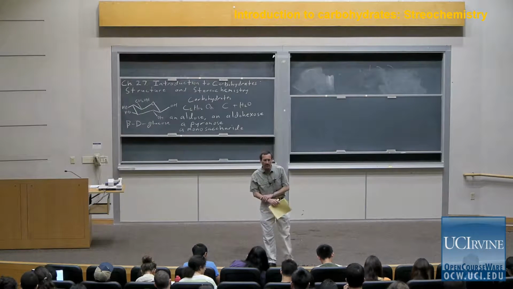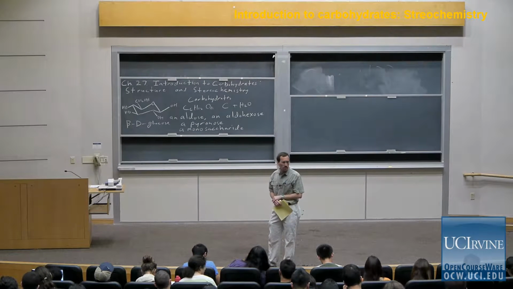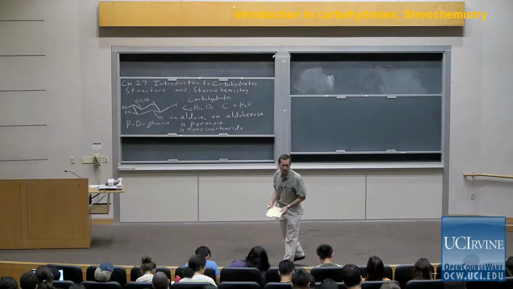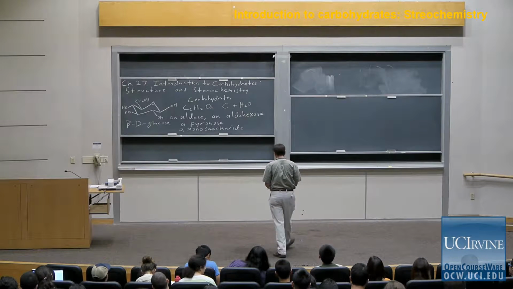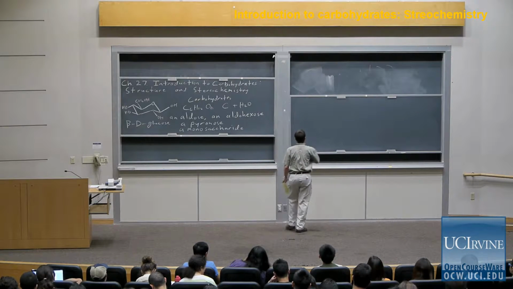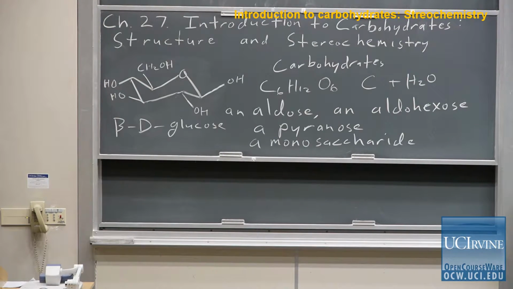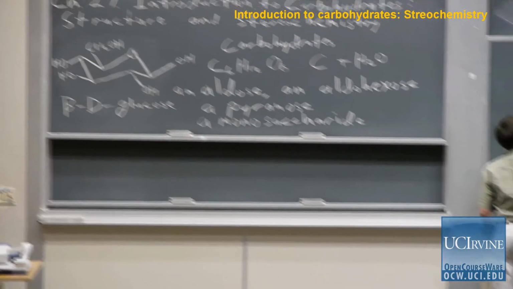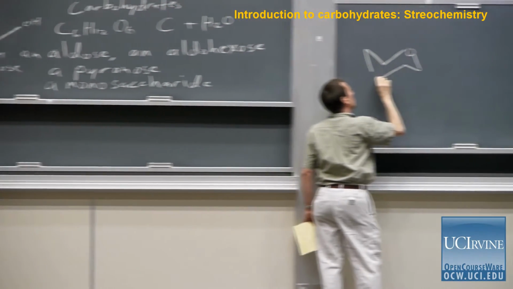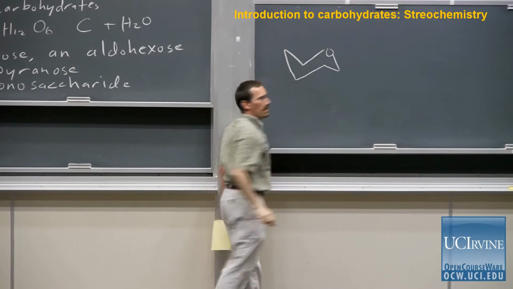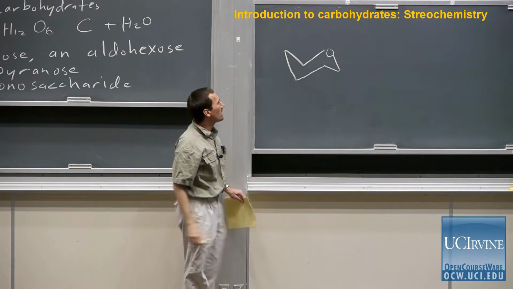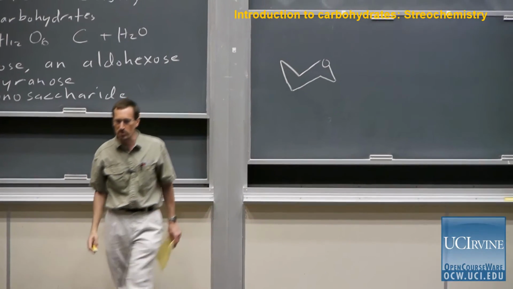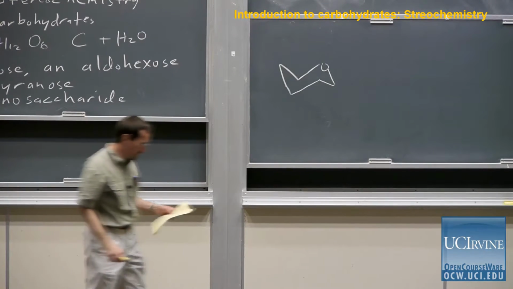I want to give us some contrasts in structure and in stereochemistry by drawing a disaccharide at this point. And it's going to introduce some basic concepts here. So we're going to start with drawing another pyranose form of a ring. We're going to have 2 of these linked together, so 2 chair cyclohexanes.